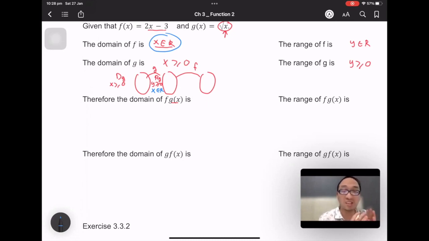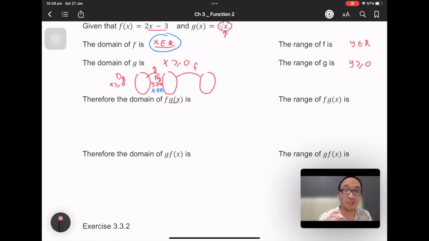Is the range of g fit with the domain of f? The g will produce positive numbers. f can accept all numbers.